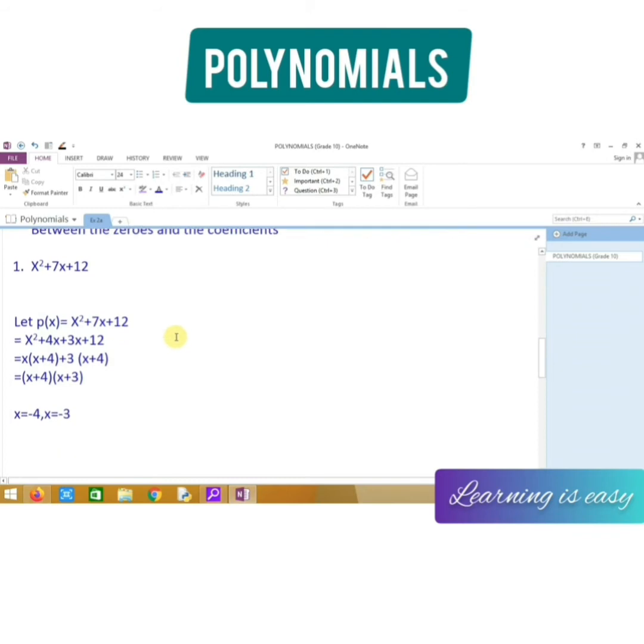And also we need to verify the relationship. So sum of zeros here is, we need to sum up minus 4 and minus 3. When we sum, we add them, we get minus 7.